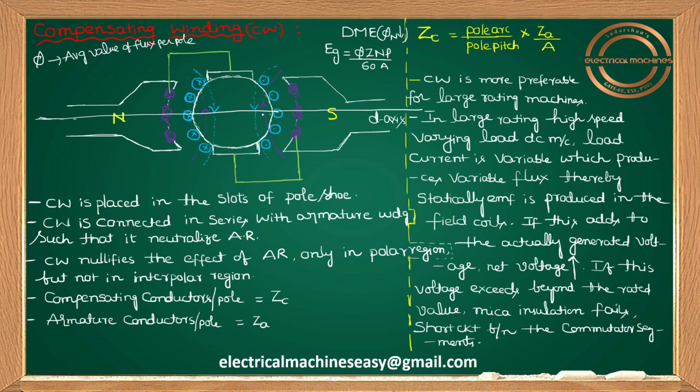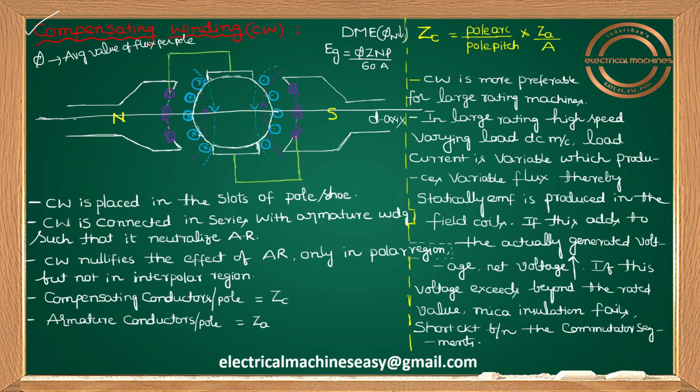Per pole means you have to consider the d axis, the polar axis. So in this region, to reduce the demagnetizing effect we are using compensating winding. Already we explained this in the previous session.